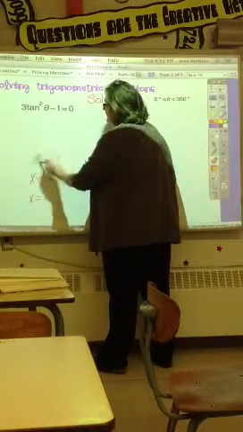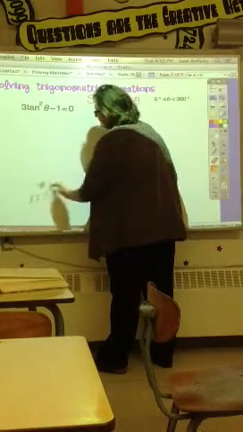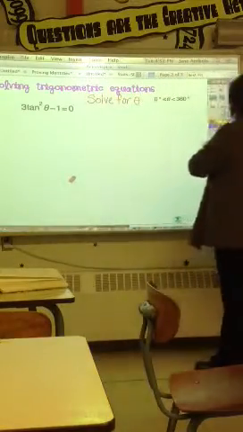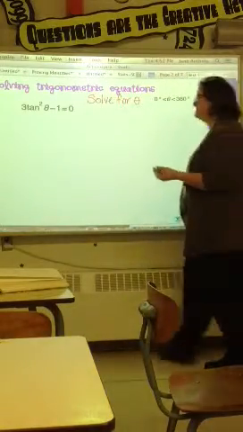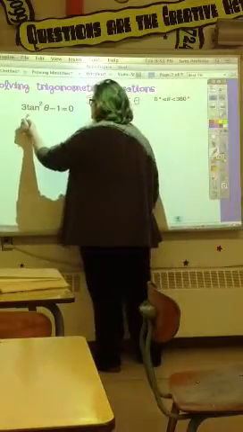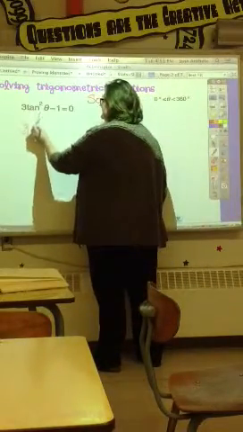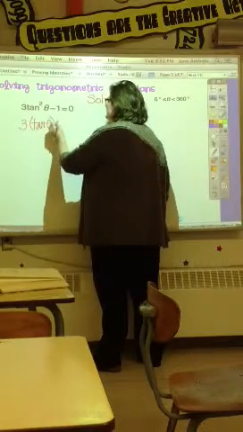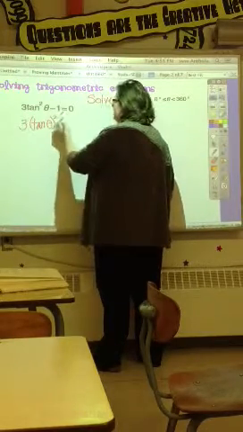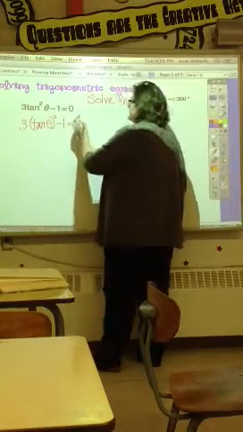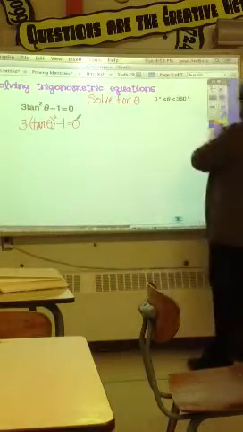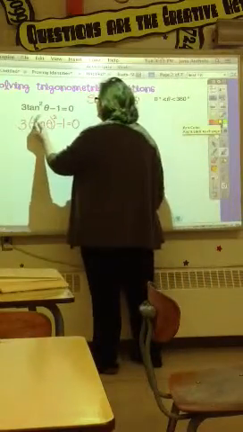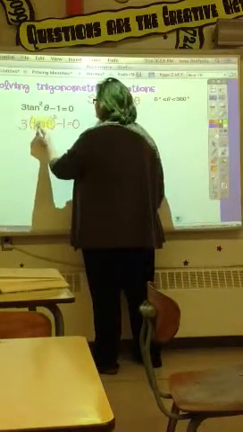Since we have a trigonometric equation, we're going to apply those algebraic rules to solving this problem. First of all, think of it like this. Remember that tangent squared theta is the same as the tangent of theta quantity squared. Our goal in the end is to get tangent of theta and find what it's equal to.